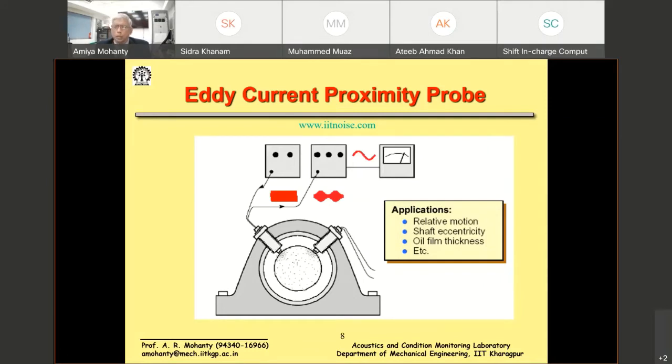So they started to do orbit analysis. They were in parallel, the Bentley Nevada orbit analysis for finding faults in turbines.